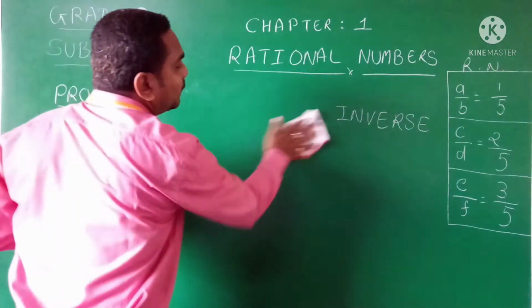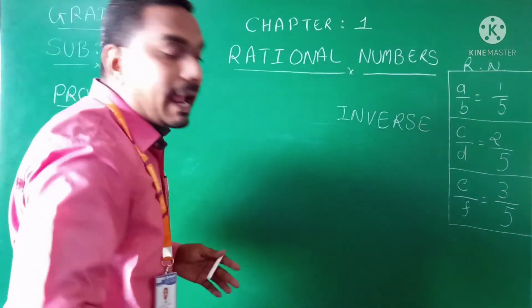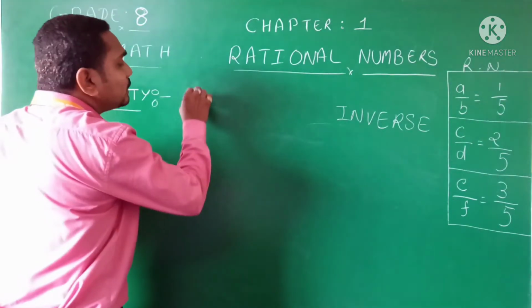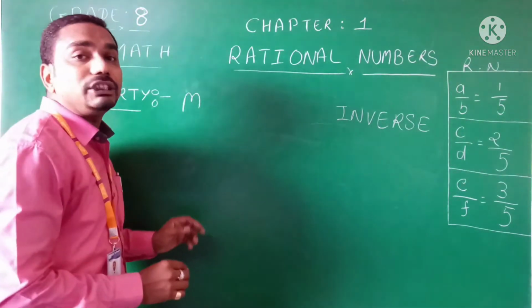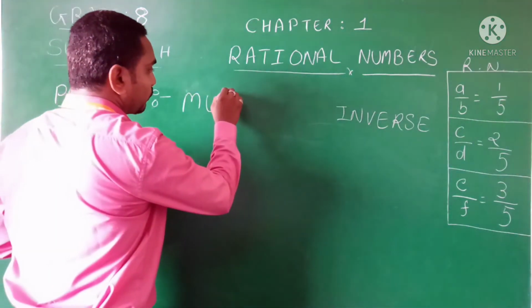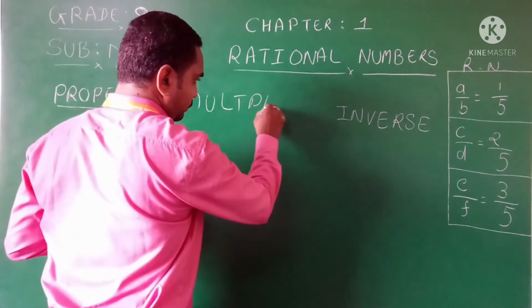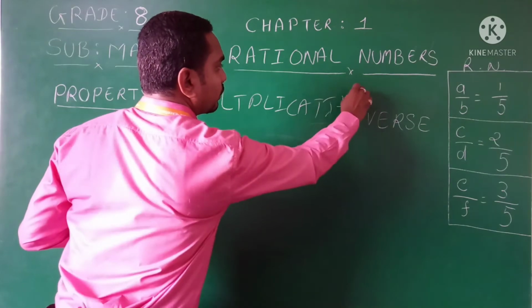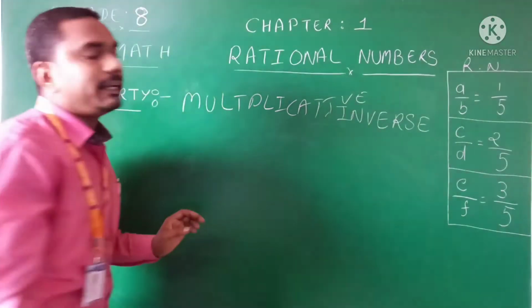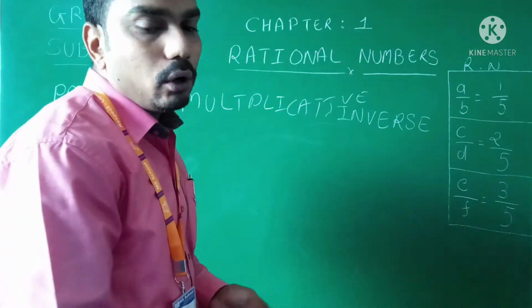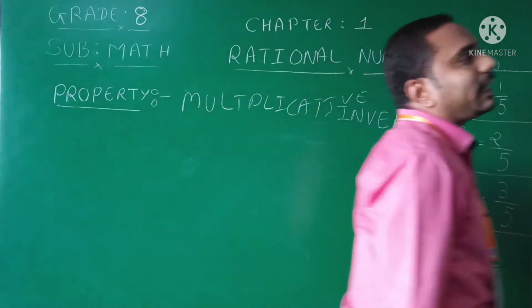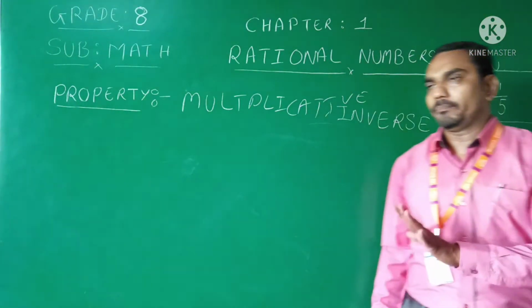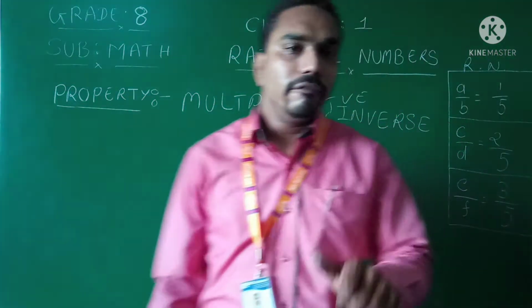Now let's take multiplicative inverse, and this is the last property of rational numbers. In multiplicative inverse it's similar.